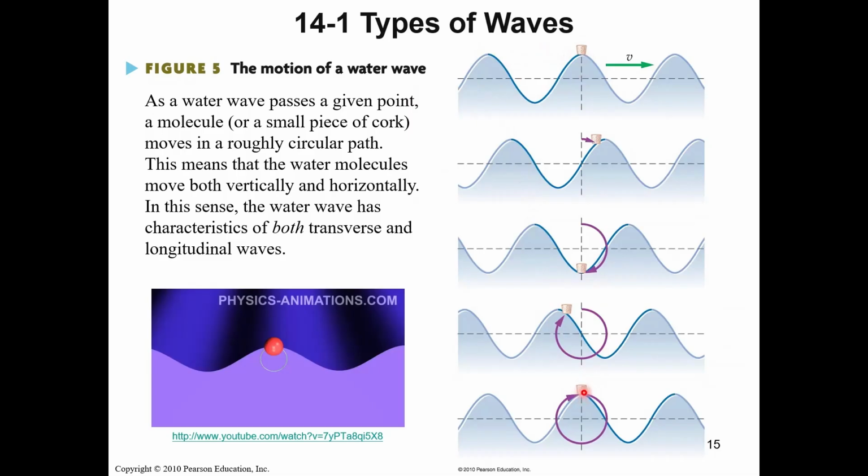If we track the motion of this light particle, we can see that it is moving in a circle. So there is a motion in the vertical direction, so it is a transverse wave, and there is a motion in the horizontal direction parallel to the propagation direction, so it is also a longitudinal wave. So the water wave is both a transverse wave and a longitudinal wave.